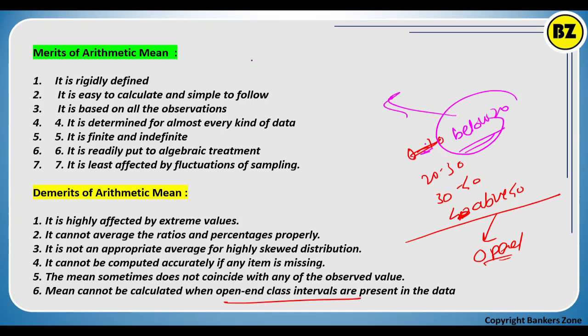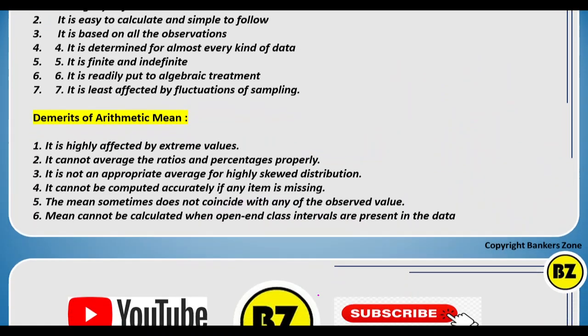So the end is open. One end is open, or the second end is open, or both ends are open. Then it is called an open end class. That means when below something is mentioned, above something is mentioned, or both, it is called an open class interval. We have already discussed that in detail in the first session.